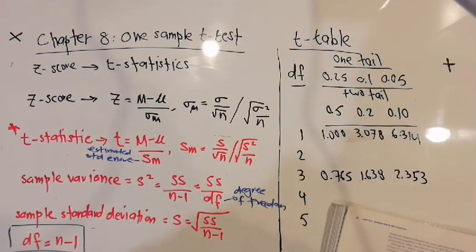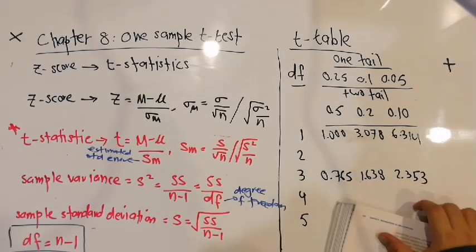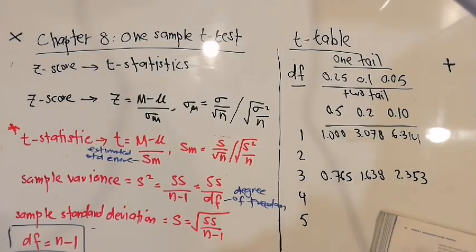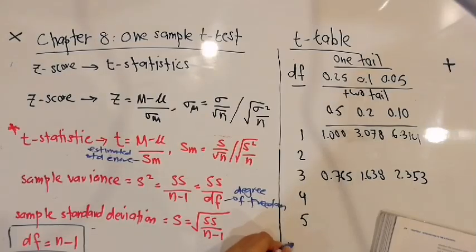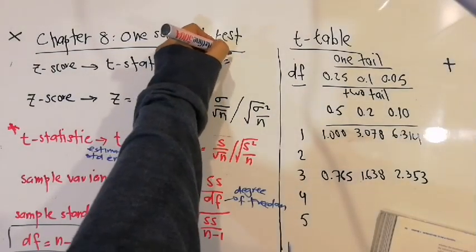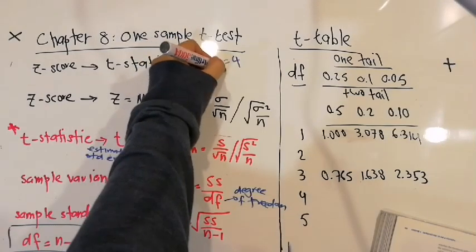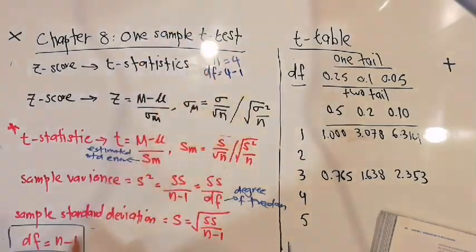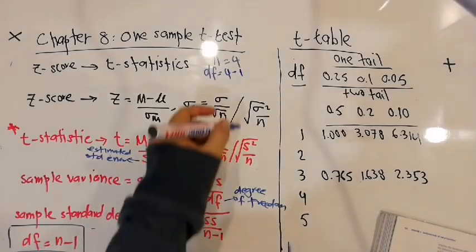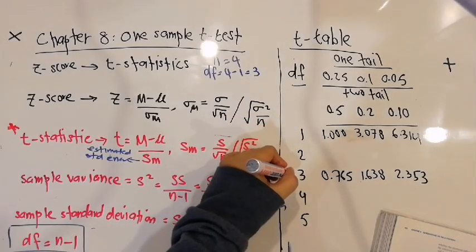There are different types of table, but the result will be the same. Let's say in the question they give you the number of samples n equals 4. To get df, 4 minus 1 equals 3, so you look for 3 here.